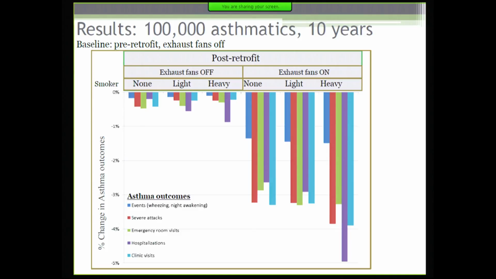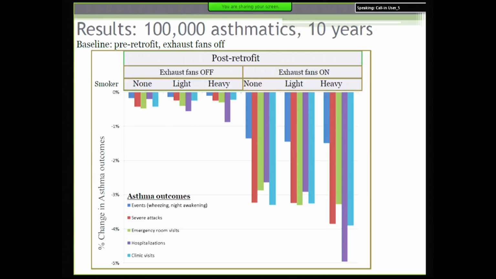So whether there was no smoker, a light, or a heavy smoker, the weatherization included a filtration system, an exhaust fan, well, that wasn't used. Basically, it was a filtration system. It reduced particle concentrations and allergen concentrations enough that you could measure decreases in the asthma outcomes.